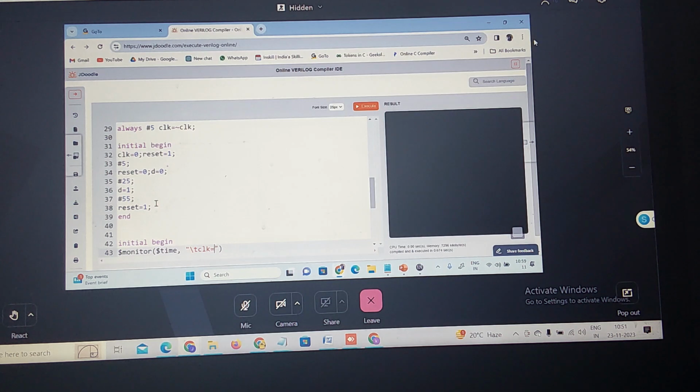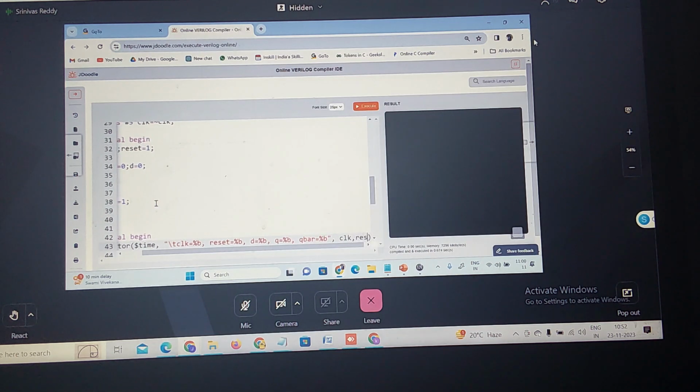Clock is percentage b, reset is equal to percentage b, d is equal to percentage b, Q is equal to percentage b, Q bar is equal to percentage b. Now the arguments to pass: clock, reset, D, Q, Q bar.